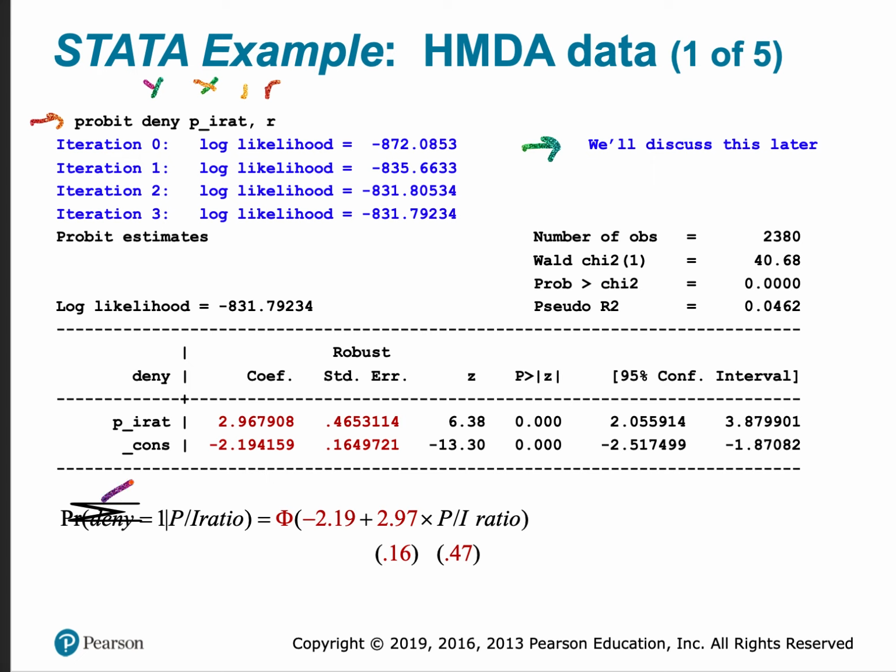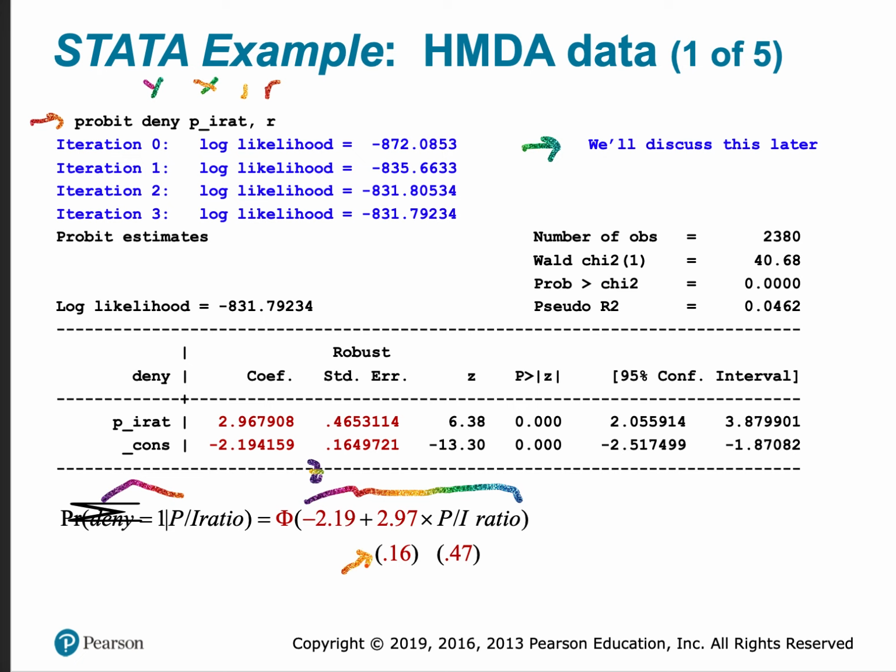We are predicting the probability that deny equals 1 given the payment to income ratio, and that's equal to the cumulative probability, that's the phi, the function of z, where this is our predicted value for z. This is beta naught plus beta 1 times x, and we plug in our constant, negative 2.19, with a standard error of 0.16.